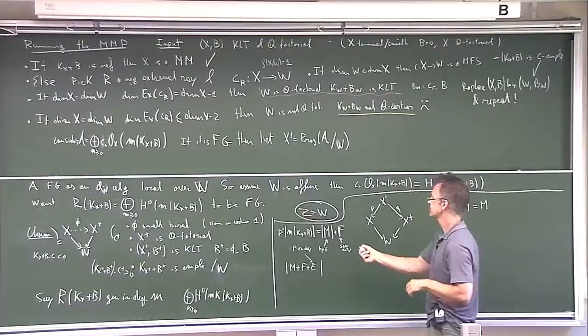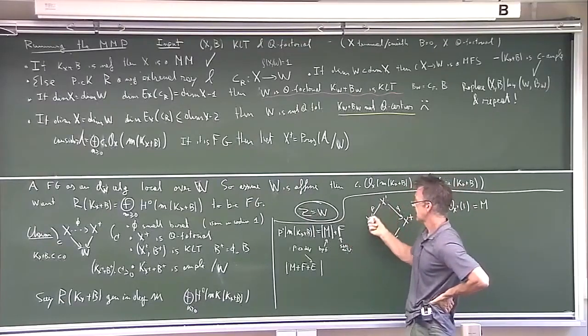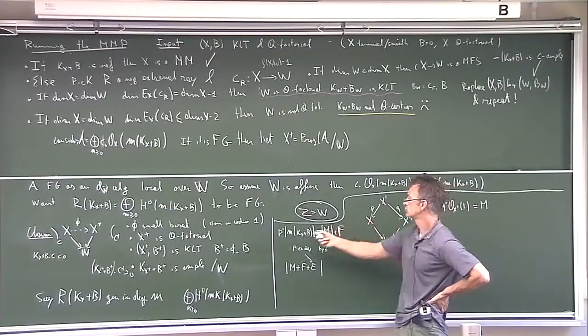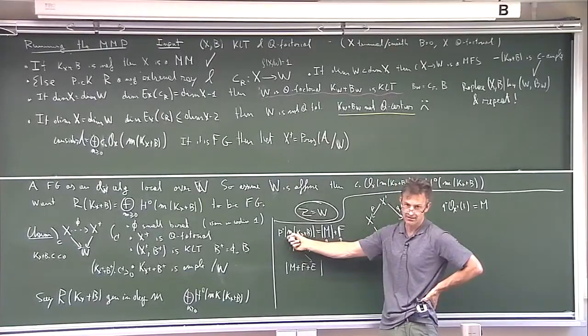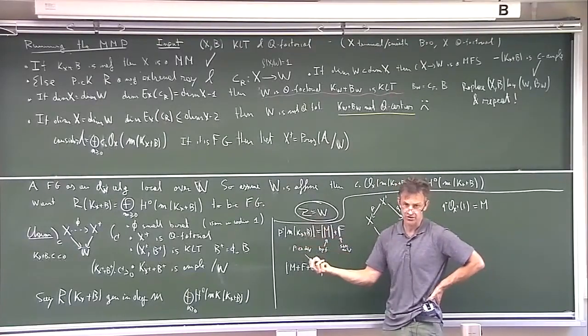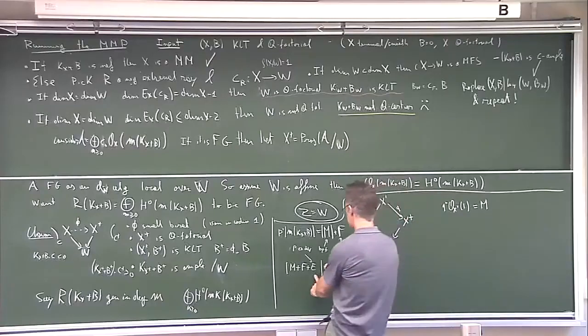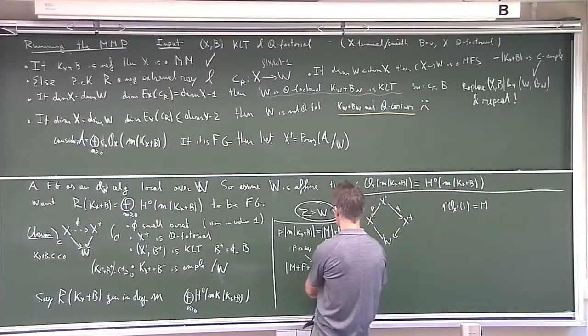If you think about it for a second, if I add a P-exceptional divisor to something that's pulled back from X, I'm not creating any new sections. The sections are exactly the same. So this linear series will be the same as M plus F plus E.